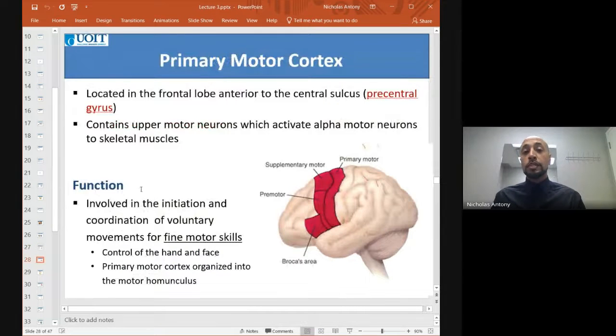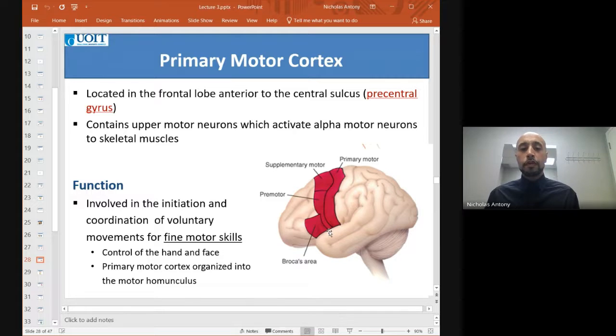The first one is the primary motor cortex. It is located directly in front, or anterior, to the central sulcus. And the primary motor cortex is involved with the initiation and coordination of voluntary movements for fine motor skills. So the primary motor cortex is controlling our muscles for fine and dexterous control.